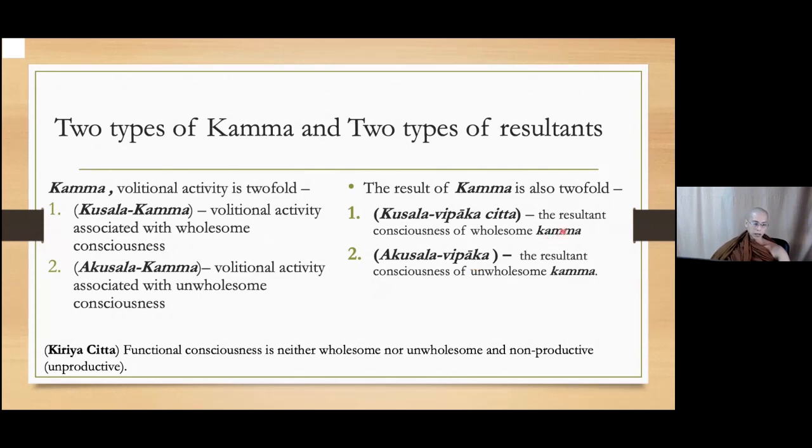Kusala vipaka chitta refers to the resultant consciousness of wholesome karma. These are the products of wholesome karma. The first type of karma produces the first type of resultant consciousness.